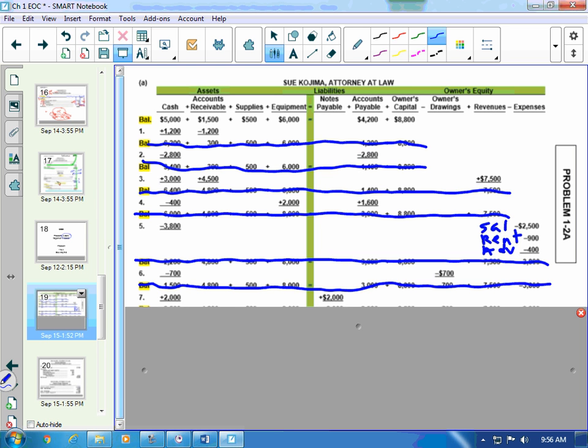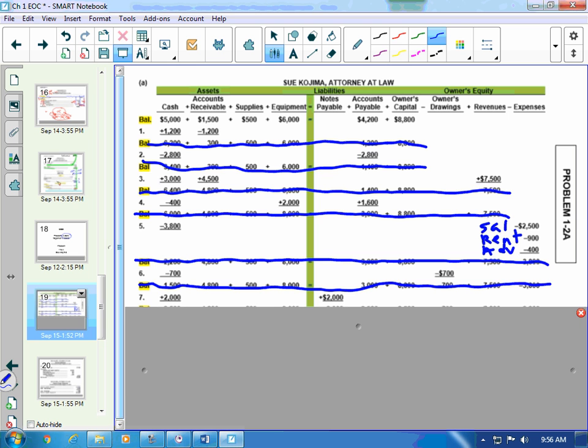Maybe we're going to go buy a car or something. I don't know. So they give us cash, but that's a notes payable. Did it say notes payable? It did. What's more long-term, a note or an account payable? Note.